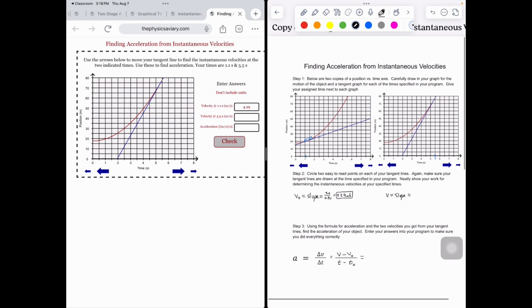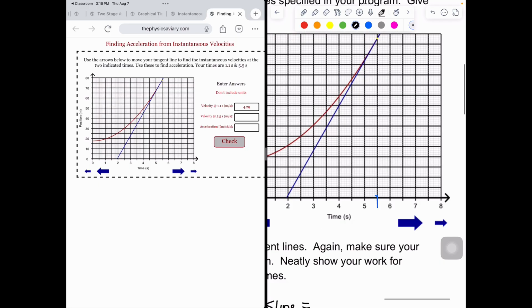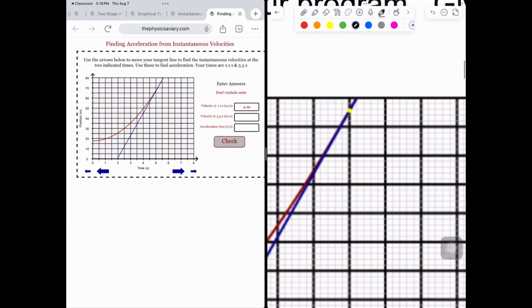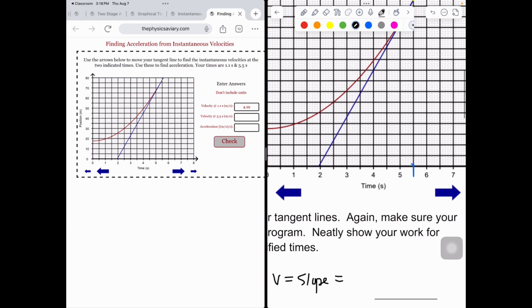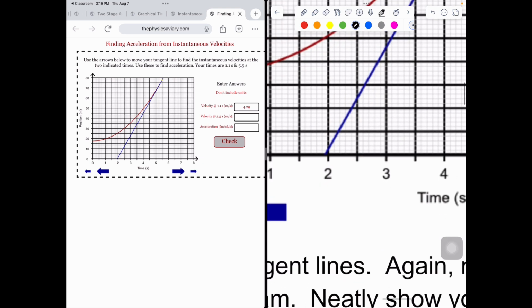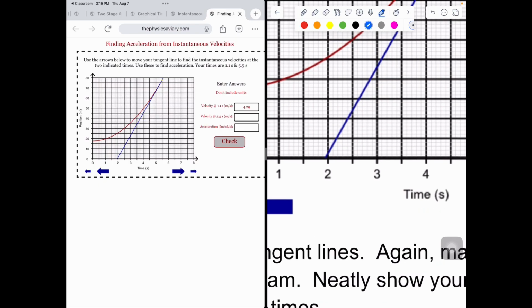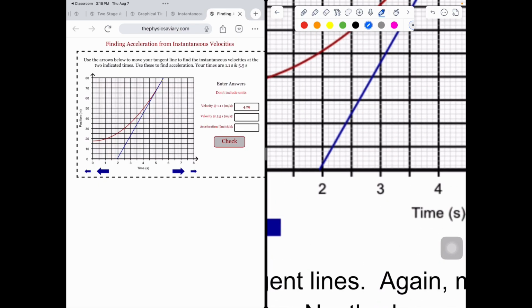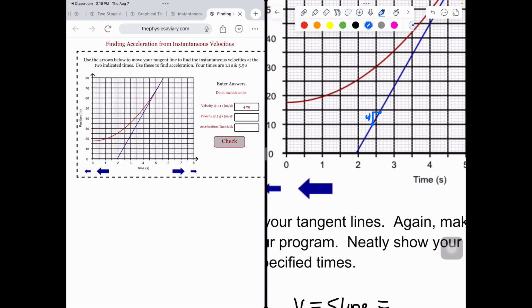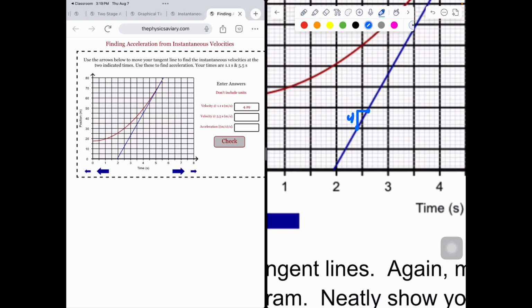So got that part. And then my second graph, same thing. Don't know that I like that tangent line point. Let me just start at the bottom. Okay, where's a good point? Okay, I really like this point here, and that point there, they're pretty close to each other. That would make me go up 4 boxes and over 2 boxes. Going up 4 boxes on my scale is literally 4 meters.